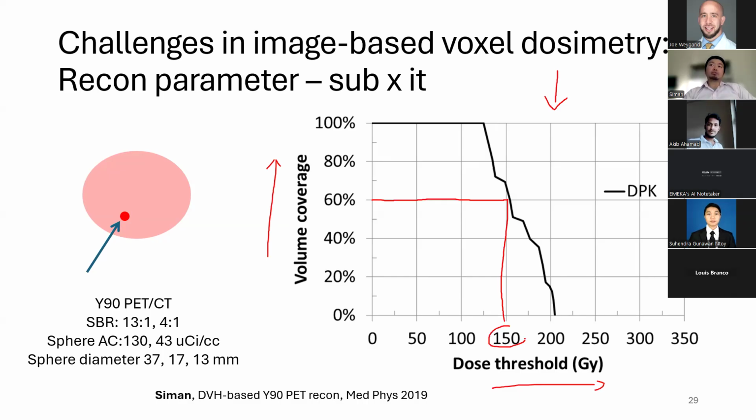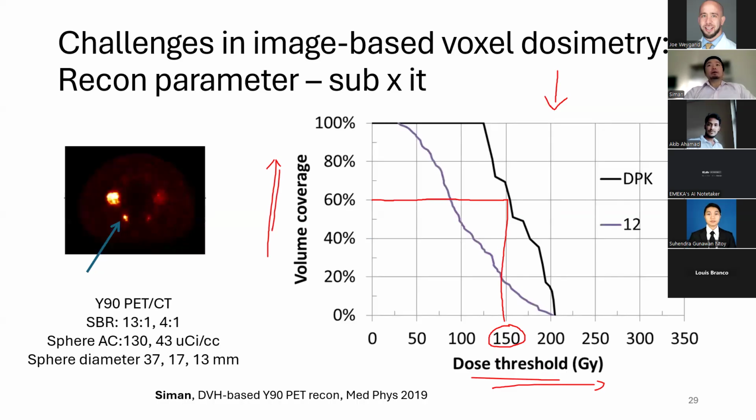So that's what the chart means. This is an attempt to collapse your three-dimensional or four-dimensional dose map, with locations and dose intensity, into two dimensions only: the dose threshold and the volume coverage.